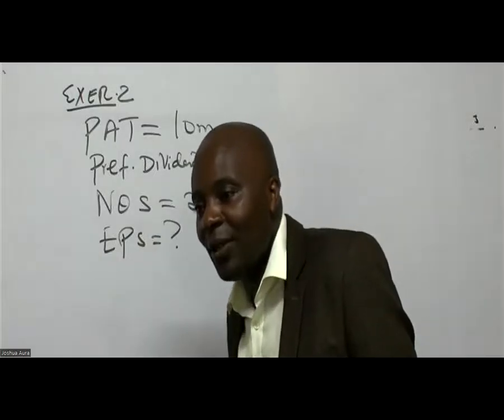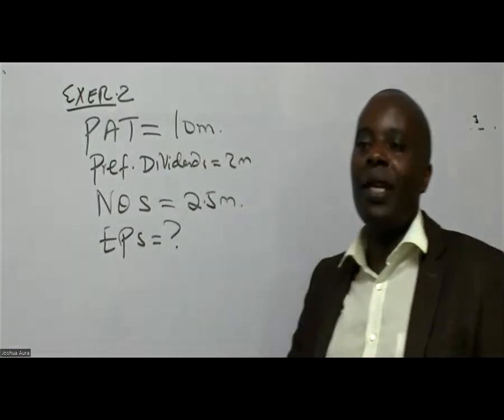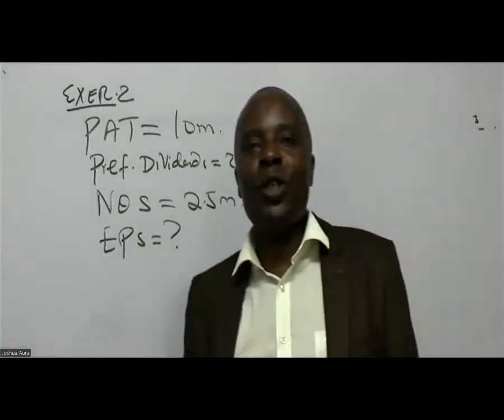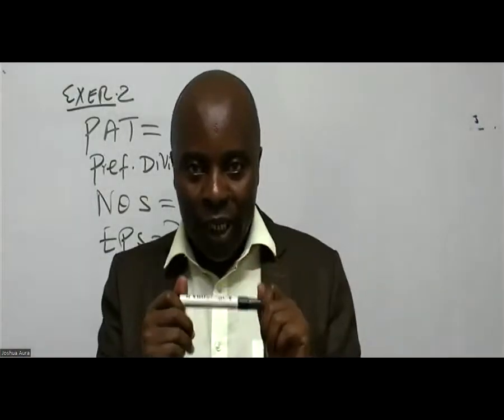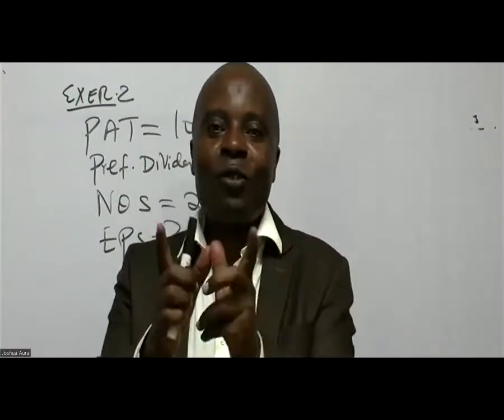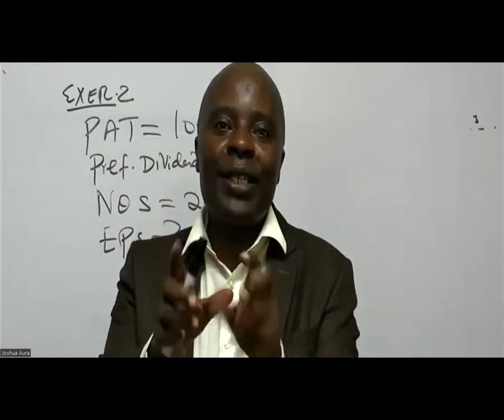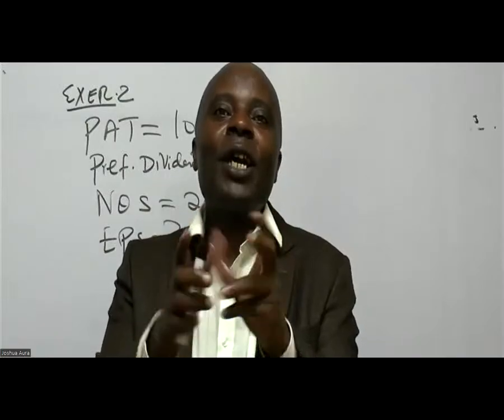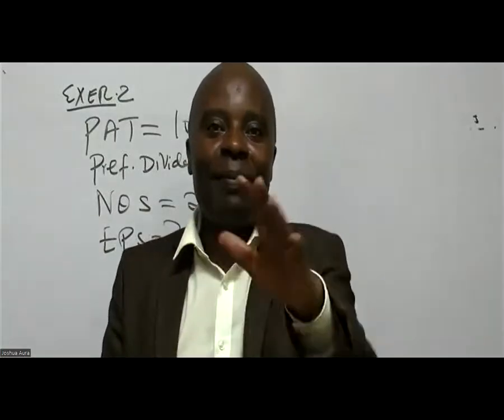Thank you very much. I can see what Eric Odinga has given me. Eric knows that for us to get profit attributable to ordinary shareholders, you must first pay preference shareholders their dividends.